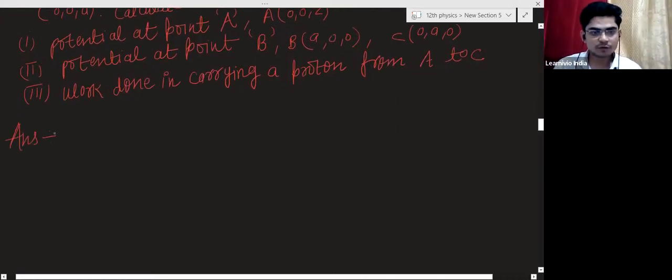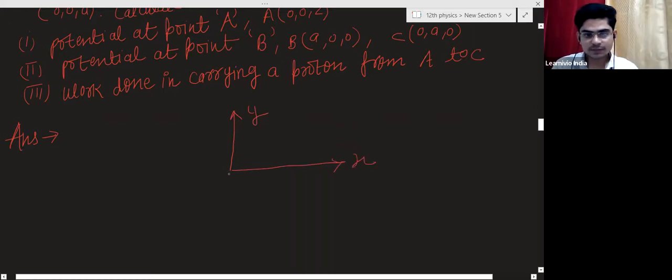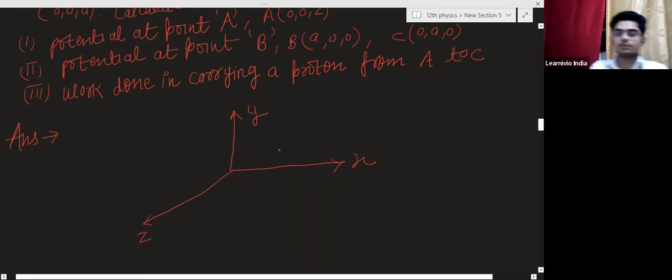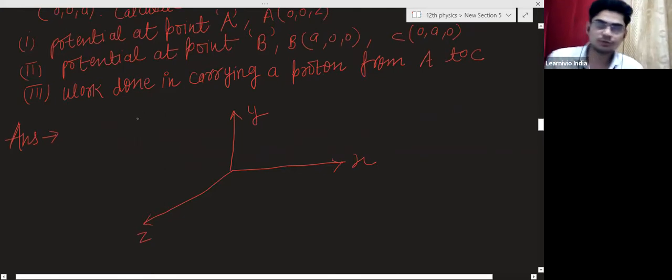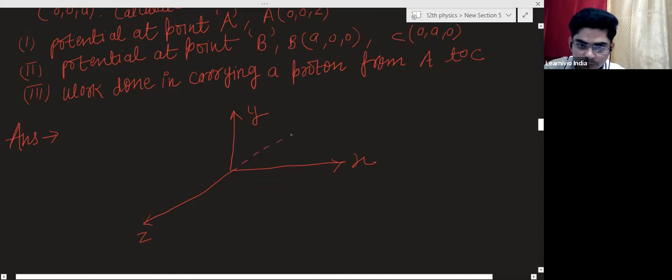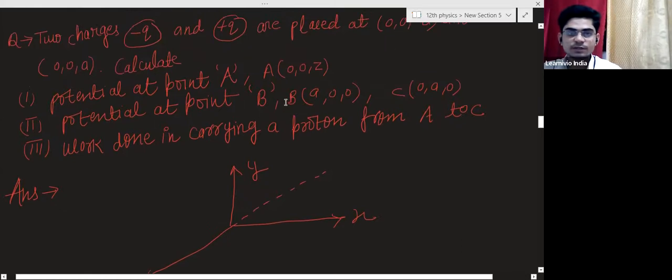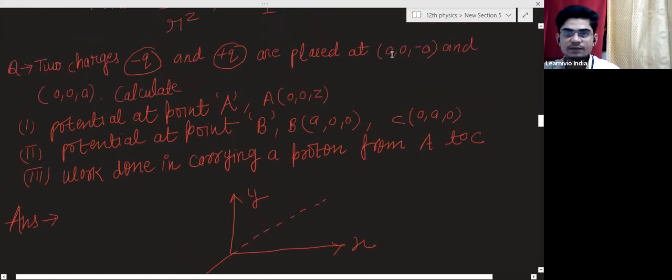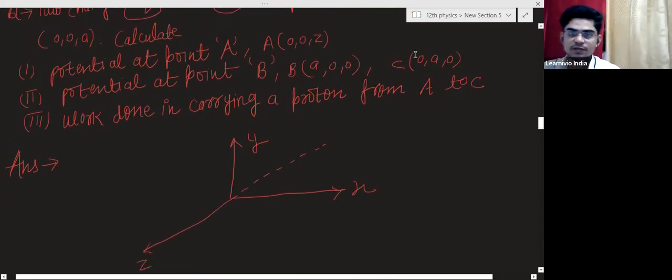So now, this is the y-axis, this is the x-axis, and this is the z-axis. These axes are mutually perpendicular to each other. We are given where the charge is placed: minus q is the charge placed at 0, 0, minus a.